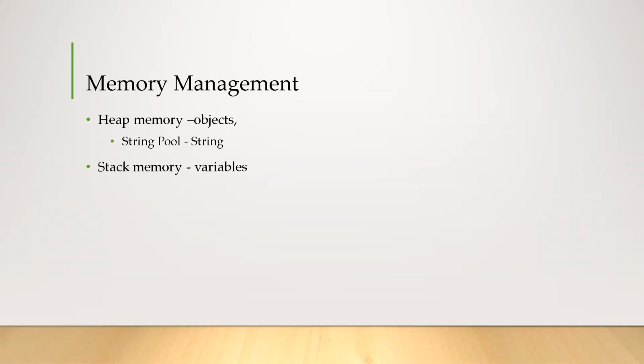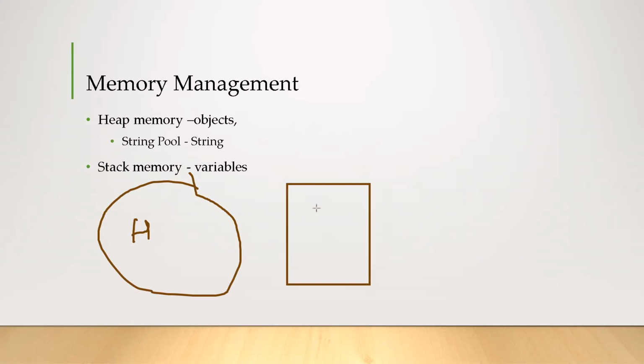Already I explained how the memory management is being done. There are two memories. One is the heap memory in Java. The major part of the memory is consumed by the heap memory. And there is another memory, which you can think of as a box, the stack memory. All your variables and methods will be stored in this stack memory.